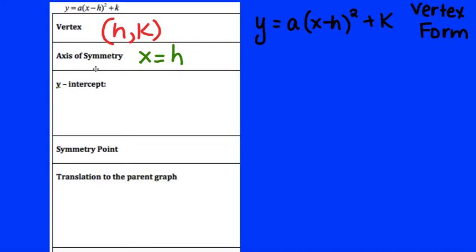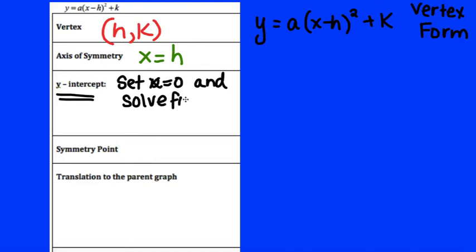All right, y-intercept. Now, the y-intercept, important point, it's not k. To find the y-intercept, you set x equal to 0 and solve for y.